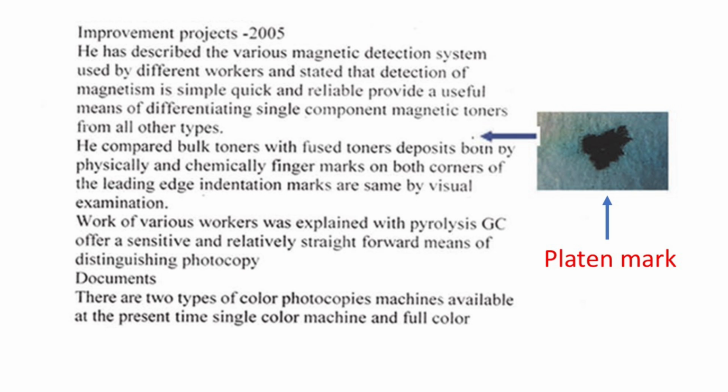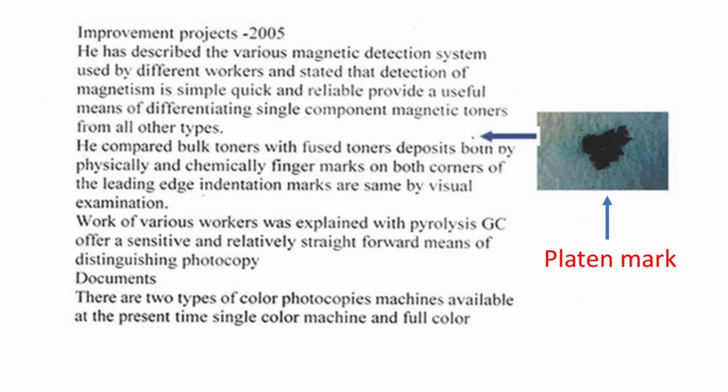And when you are doing this, you look at the distance of this mark or marks. Look at the distance from the top margin to the place where you have the platen mark. Compare that with that of the known samples. Another thing you do is check for the size of the platen marks.